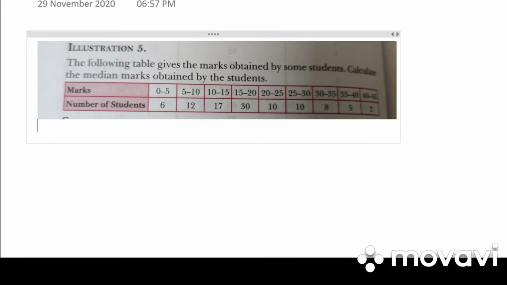Next, take down illustration 5. The following table gives the marks obtained by some students. Calculate the median marks obtained by the students. So they have given us marks and number of students. So this is a frequency distribution.